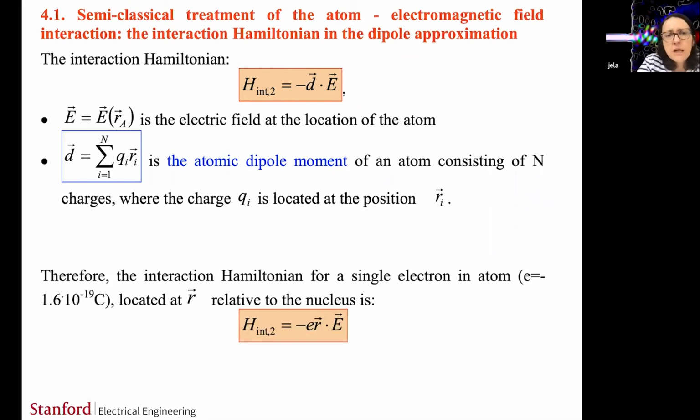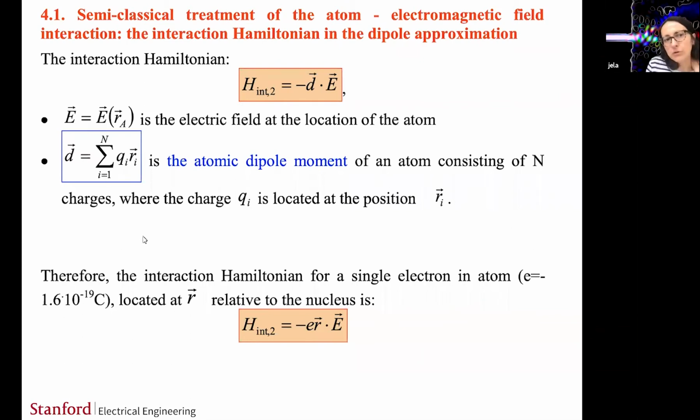And if you are interested in just transitions of a specific electron in the atom, and of course an atom can have many charges in a nucleus and also many electrons in different shells, but if you're interested in a so-called single electron atom, meaning transitions of one specific electron in the outer shell of the atom, you can look at it as a single electron atom and just look at the dipole moment corresponding to that specific electron.